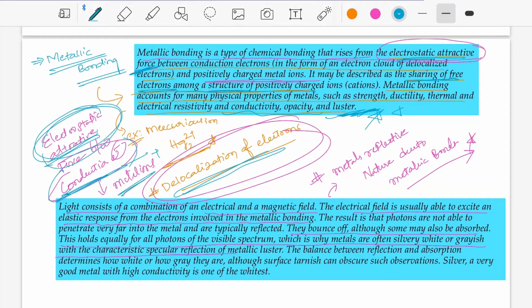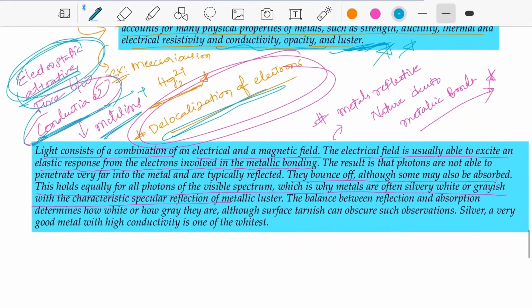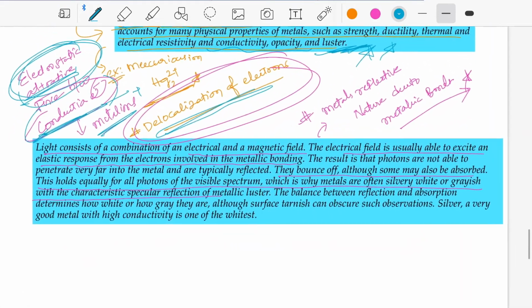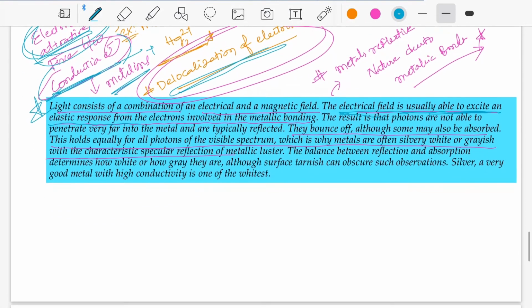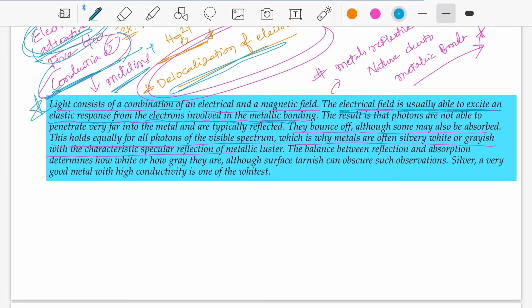Suppose here is an example. Light consists of a combination of electrical and magnetic fields. The electric field is usually able to excite an electric response from electrons involved in metallic bonding. The result is that photons are not able to penetrate very far into the metal. They are typically reflected.